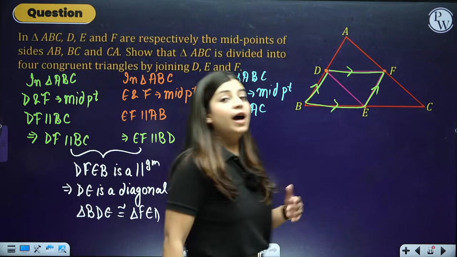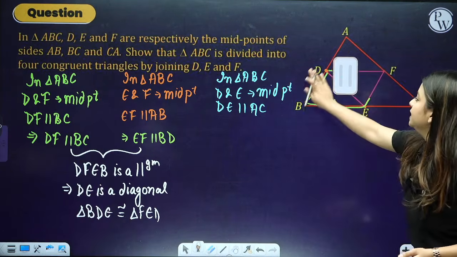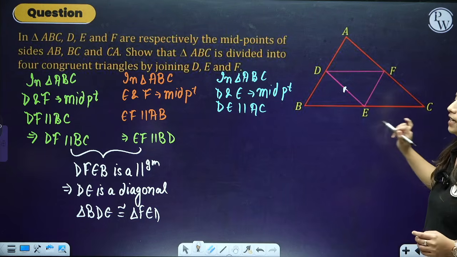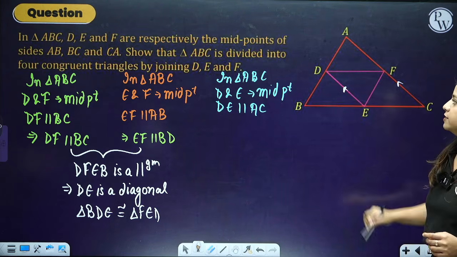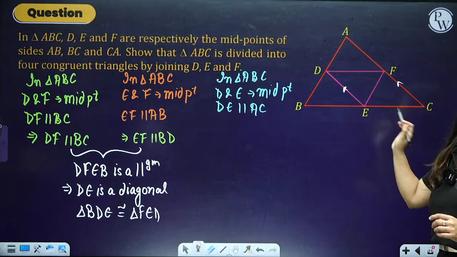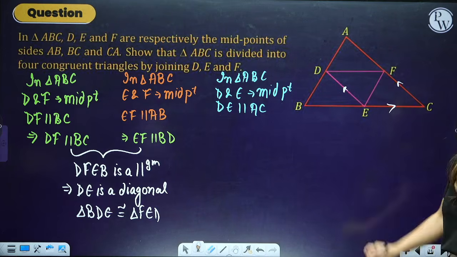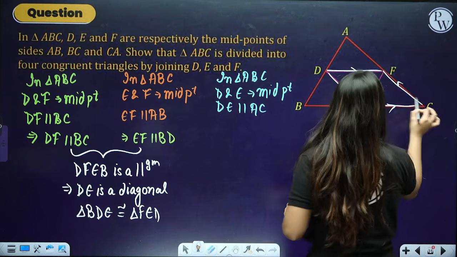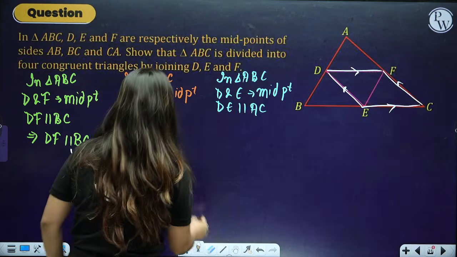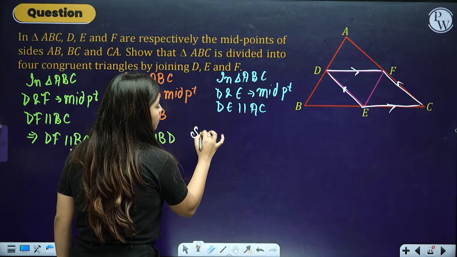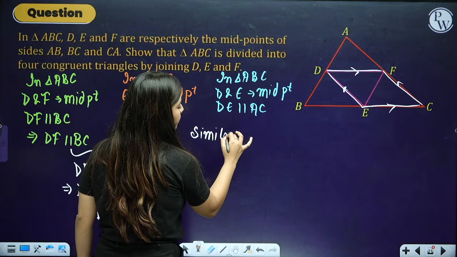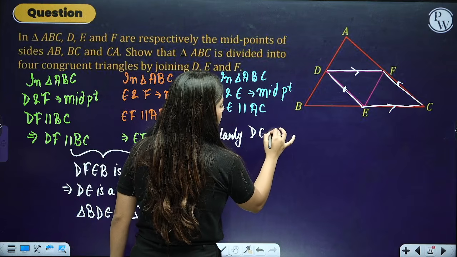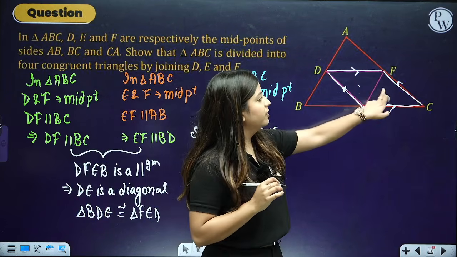Now again, we know that DE is parallel to AC, so DE will be parallel to FC. DF is parallel to BC, so DF will be parallel to EC as well. So from here we get this as a parallelogram. Similarly, DECF is also a parallelogram, so again this triangle will be equal to this triangle.